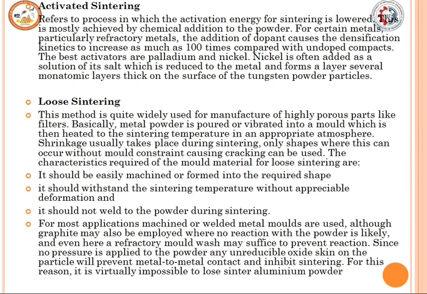The mold material should be easily machined or formed into the required shape, withstand the sintering temperature without appreciable deformation, and not weld to the powder during sintering. For most applications, machined or welded metal molds are used.